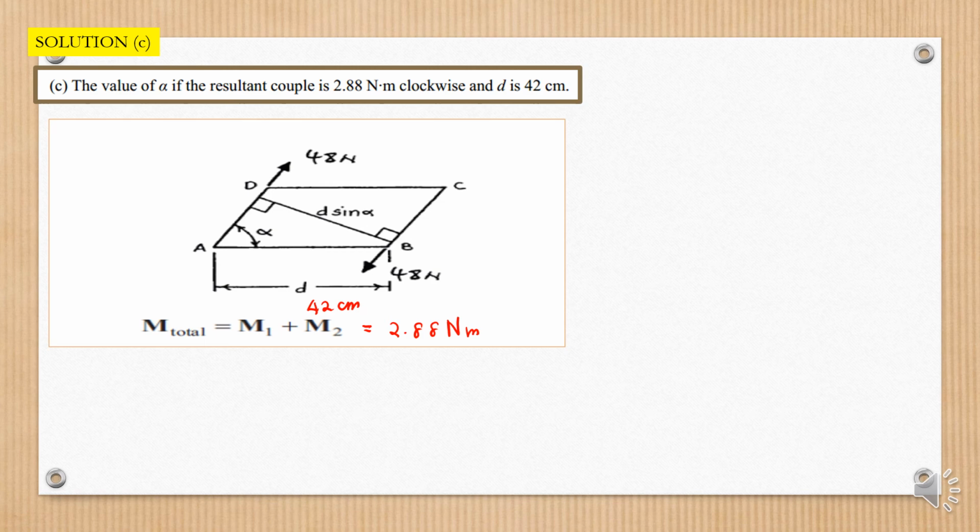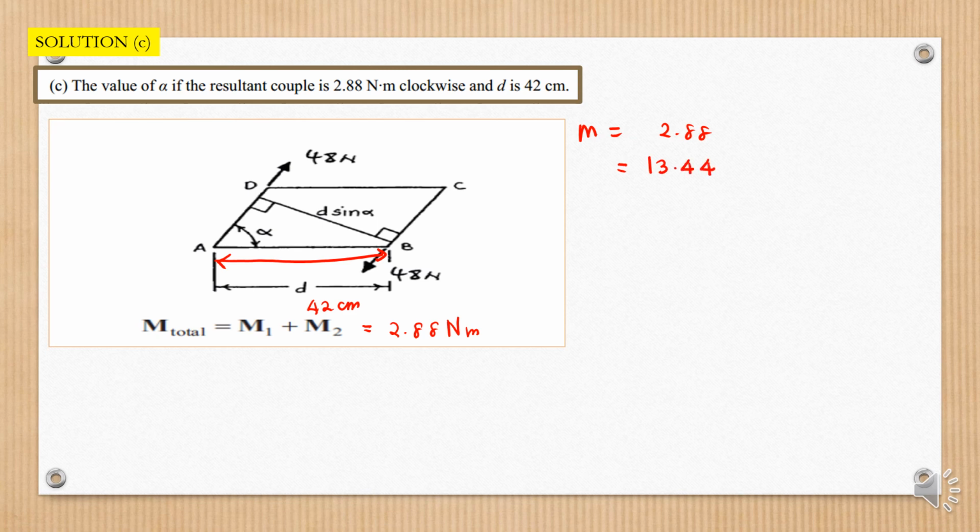Let's solve the question. The d2 here is from here to here. We know that M total in this case is 2.88, so it comprises M1 and M2. M1 we already know is 13.44.